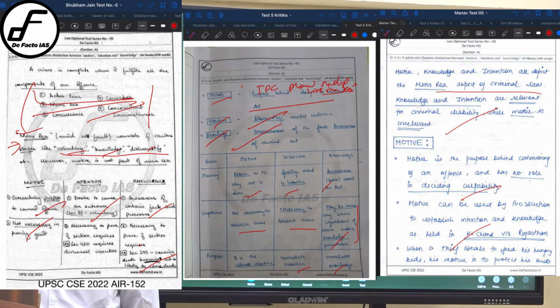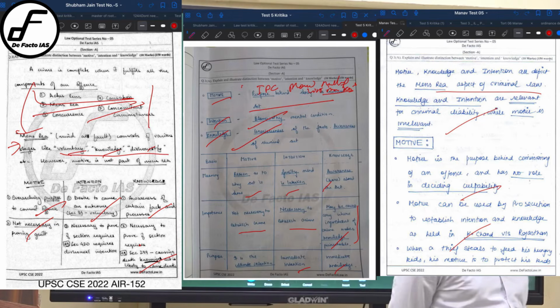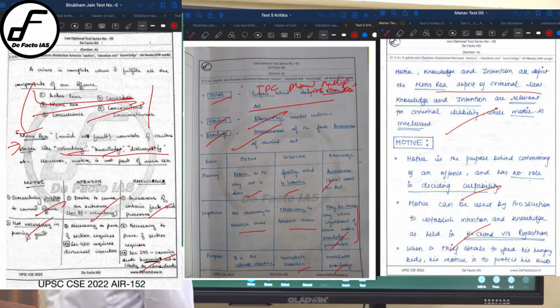There are three copies and the question is the same for all of them, that is, explain the distinction between motive, intention and knowledge. Same question, three people have written it, all of them have qualified this year.